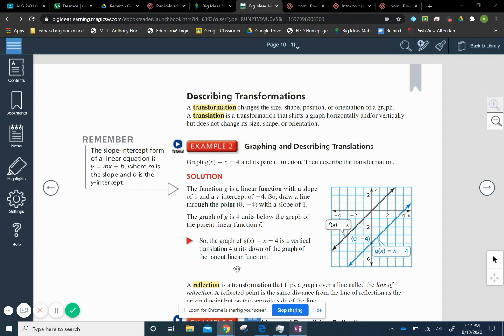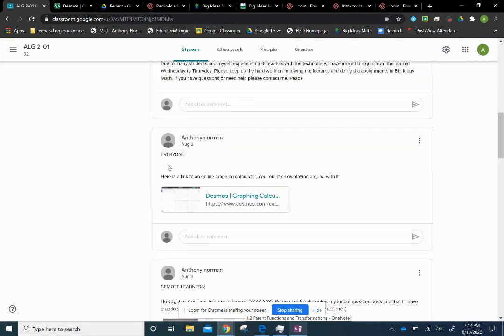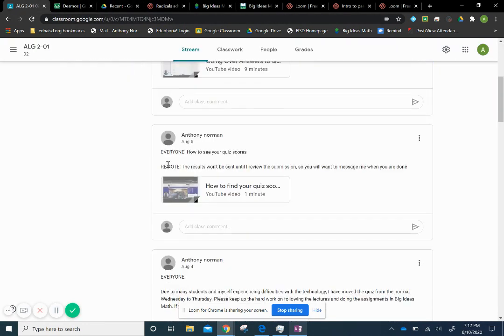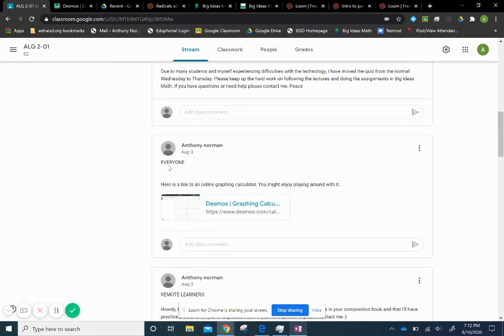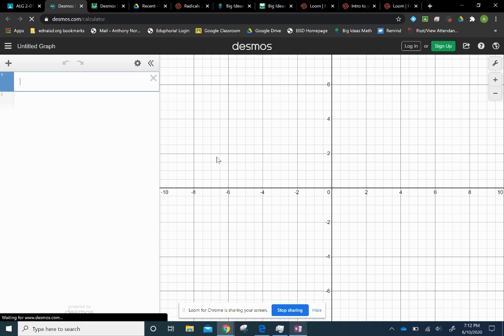So to test it out, we can go back to the top. We scroll down on the home page, the class stream. We can get to the Desmos graphing calculator, and we can see this ourselves. We have our parent function y equals x.